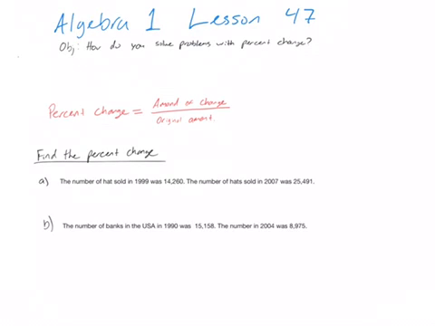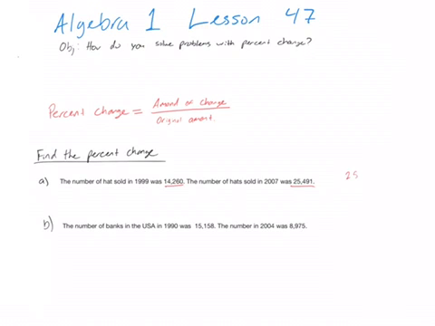Well, first of all, we realize that since it went from 14,000 something to 25,000 something, it's going to be a percent increase. So it's going to end up being a positive percent. Whereas if it's a decrease, then we'd say it's a negative percentage. So the first thing I need to do is find out how much it changed. So the difference in that.